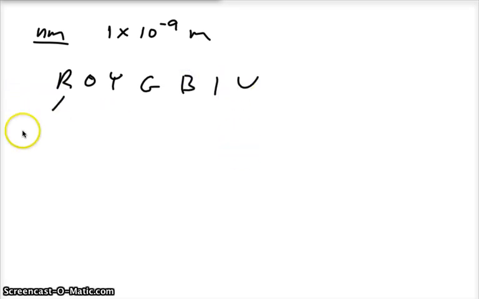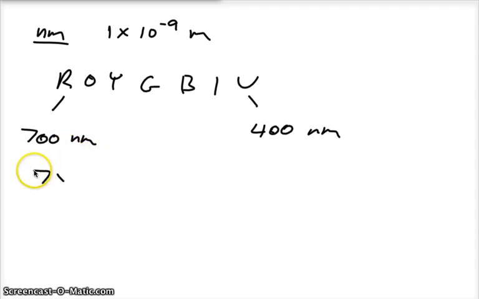Red waves are approximately 700 nanometers in length, in wavelength, and violet waves are about 400 nanometers in wavelength. And so if you had 700 nanometers, that's going to be 7 times 10 to the negative 7th of a meter.